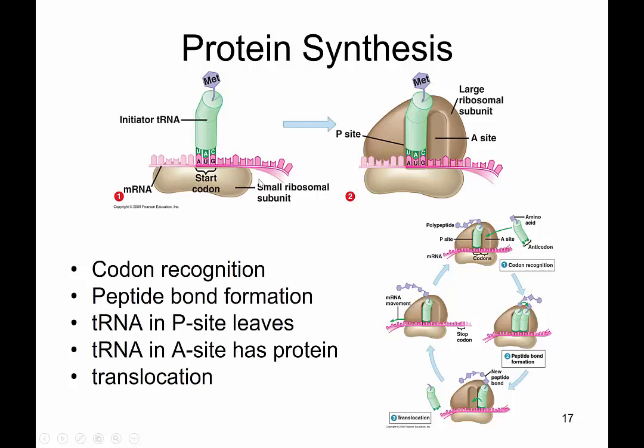So here's our ribosome, large subunit, small subunit, gliding along. And the ribosome is going to monitor, detect 3 nucleotides at a time. And that code is called a codon.